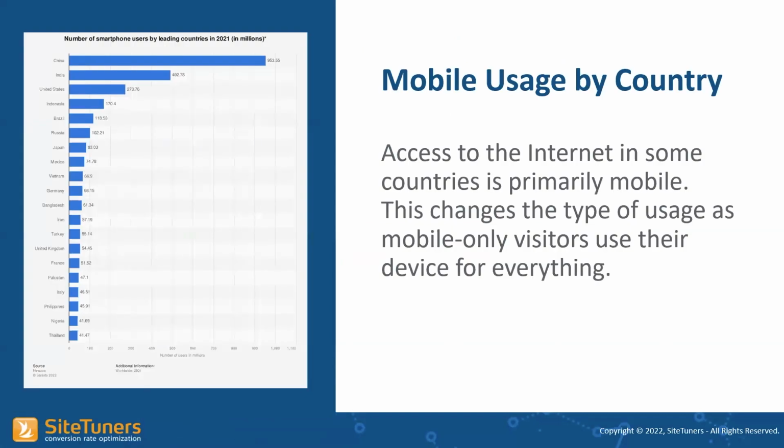Well, it's different because in some countries, and depending upon where your market is and who you're selling to or marketing to or whatever you're doing, some of those people might not have anything other than a mobile device. So if you look at China or India, United States, different countries have different usage.